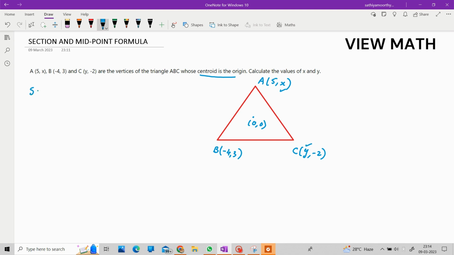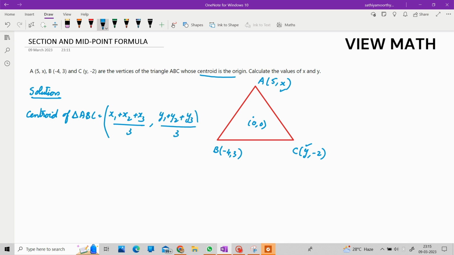So I'm going to use the centroid formula to find out the unknown value. First let me write the formula. Centroid of the triangle ABC is equal to x1 plus x2 plus x3 by 3, y1 plus y2 plus y3 by 3. So this is the centroid formula. First I'm going to substitute it. Let me take this as x1, y1 and B coordinate as x2, y2 and the C coordinate as x3, y3.